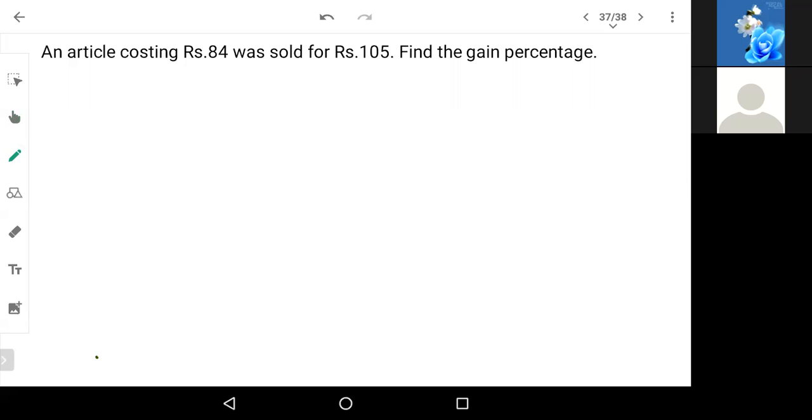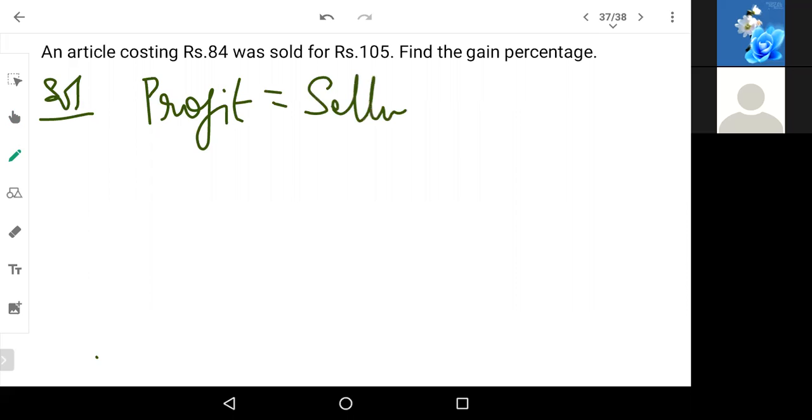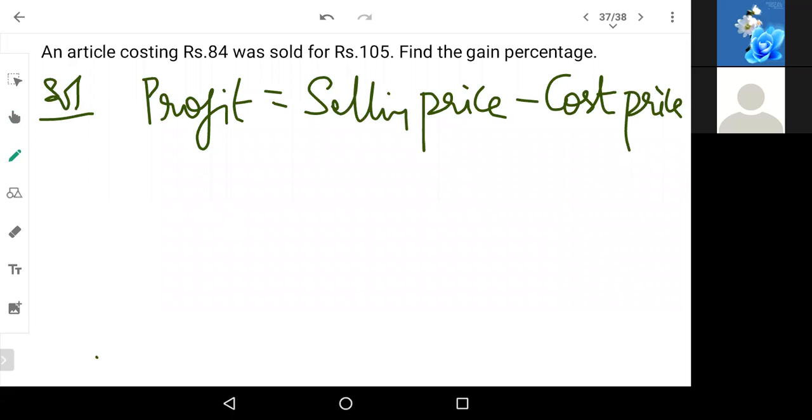So what is the formula for the profit? Profit is equal to selling price minus cost price. Correct? To find profit, whatever is the selling price, now we have sold it at a higher price.